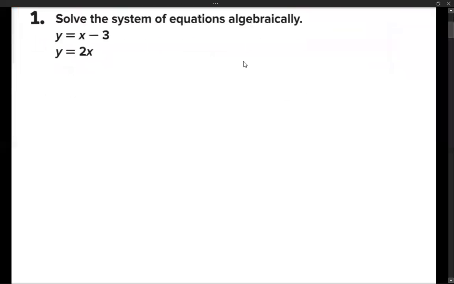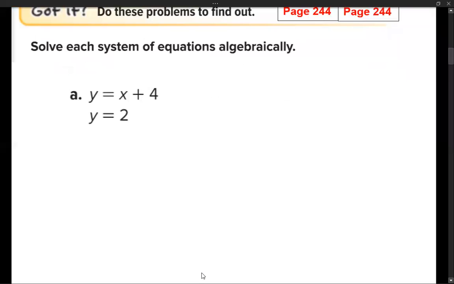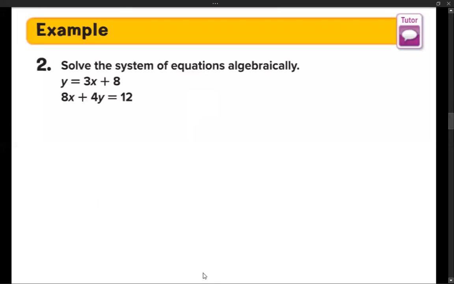We can see this and move on to the questions. In all of the questions we are given values for y. In this question here, we have two values for y. The first value is x plus 4, and the other one is y equals 2. We only need one value to be given, like in this question here. In this equation, we can see how much y is.